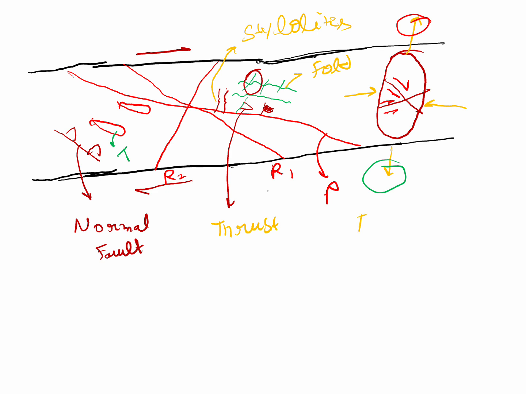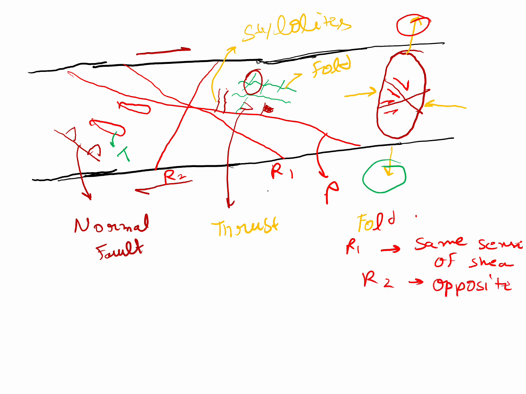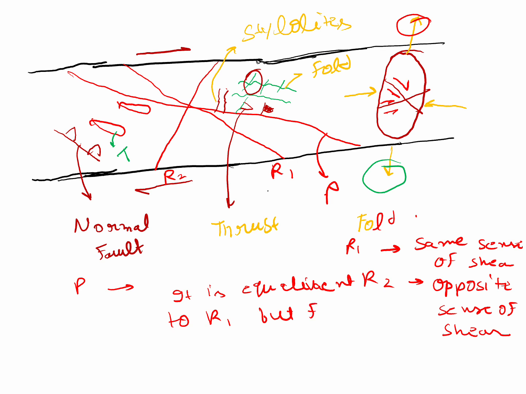First, the fold is developed. Second is R1, which is basically the same sense of shear, and R2 is the opposite sense of shear. P is basically equivalent to R1, but at a lower angle, as we also discussed in this diagram.